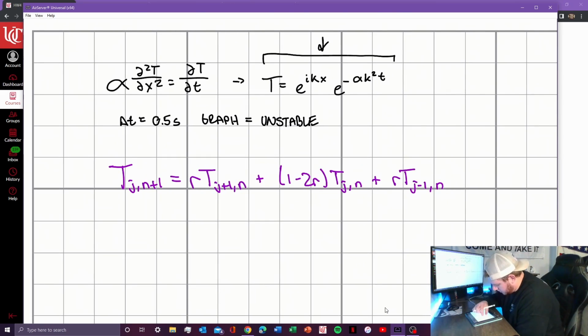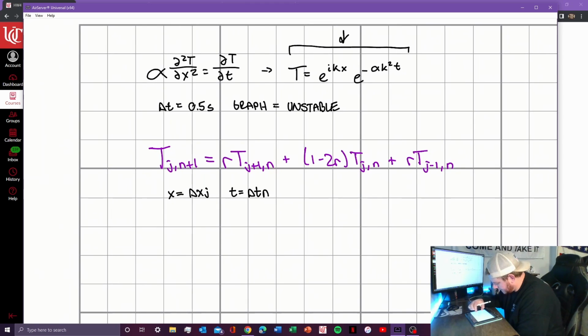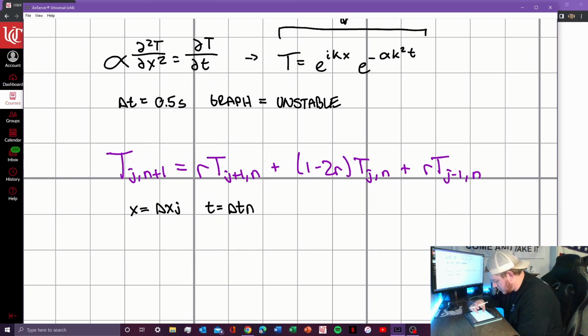So the first thing to notice about the T values down here is that they have j and n units. Now j is a position unit, which we know is delta x, so delta x times j is what that is. And for time, our value is n. So when we plug in these values for T, we just need to substitute in these values for x and t.